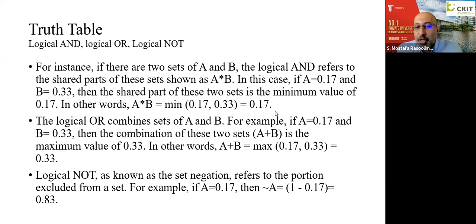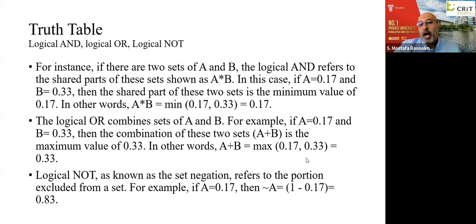In Boolean algebra, it's different from the traditional one. In traditional algebra, if we multiply two variables, 2 multiply 3, we will get 6. But in Boolean algebra, we get 2 using the AND operation. We get the minimum value. So 2 and 3 will be 2, right?